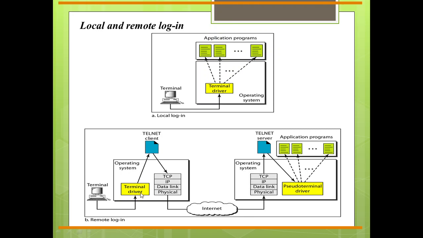The local operating system is going to accept the characters, but it is not going to interpret them. The characters are sent to the Telnet client, which is going to transform the characters to the universal character set, which is called the Network Virtual Terminal or NVT characters. And then it is going to deliver them to the TCP/IP protocol stack.